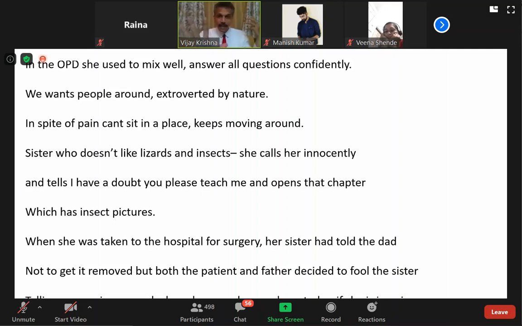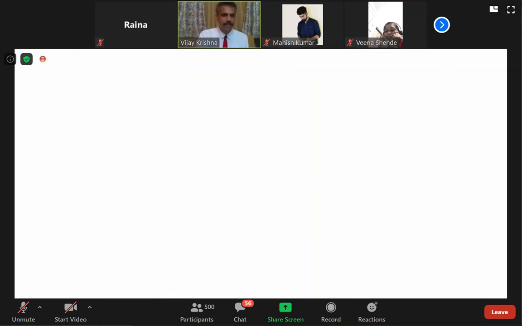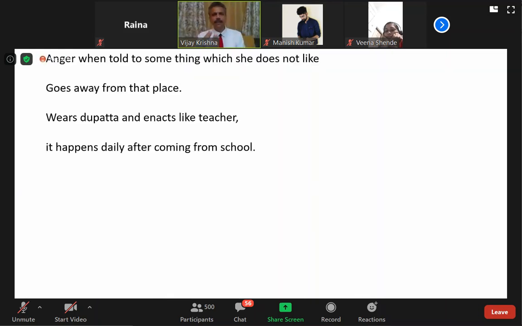But nothing had happened. When the sister opened the shoe and saw the socks, there was nothing. The corn was still there. But father and the younger daughter, they had an understanding. We will fool the homeopath, and they had a prank. They had a prank with the sister. So these were a few basic things about the child.